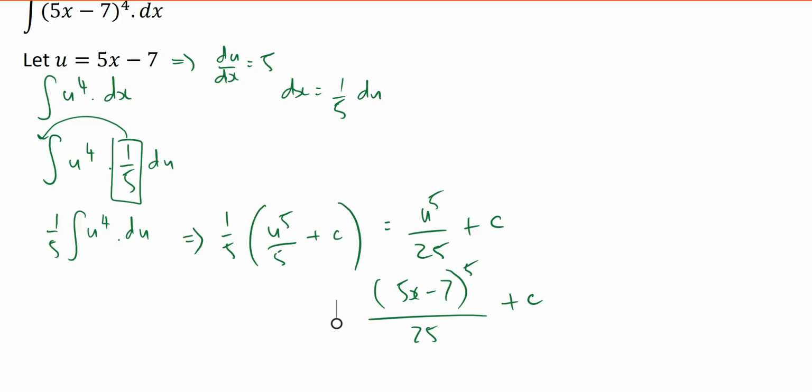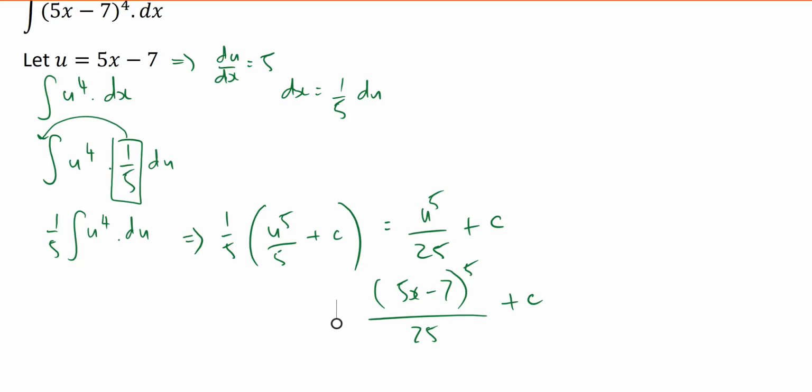Then at the end I multiply by the derivative of the bracket, which is 5. 5 lots of 5 25ths is 1, which is why it works, and that's where the fifth du comes from. It comes from the derivative of the bracket, the last part of the chain rule. Happy with that?